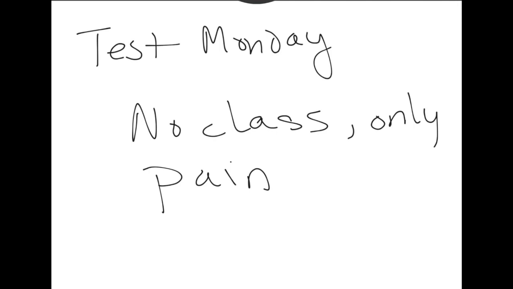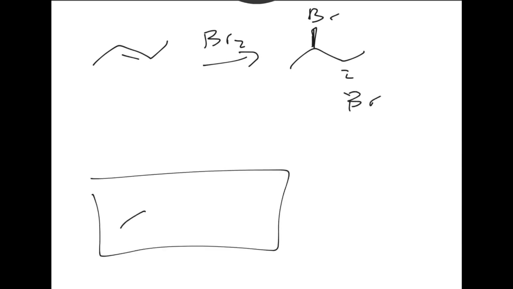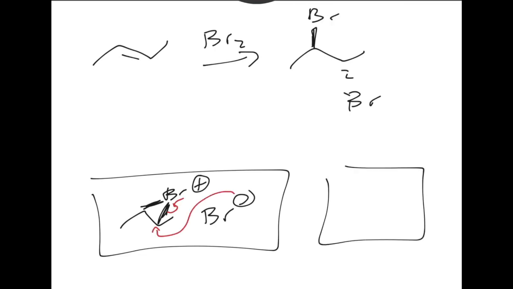Like the example I used in the early classes, if the mechanism was this, you could have two blocks where one block is the bromonium ion and Br minus adding, and the other one was some weird carbocation thing.